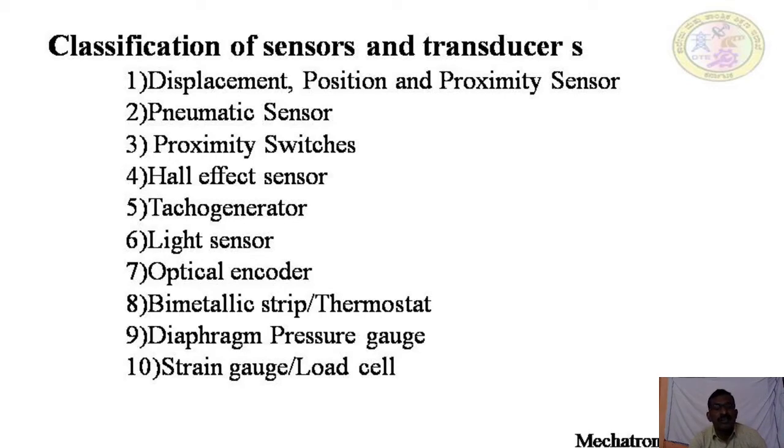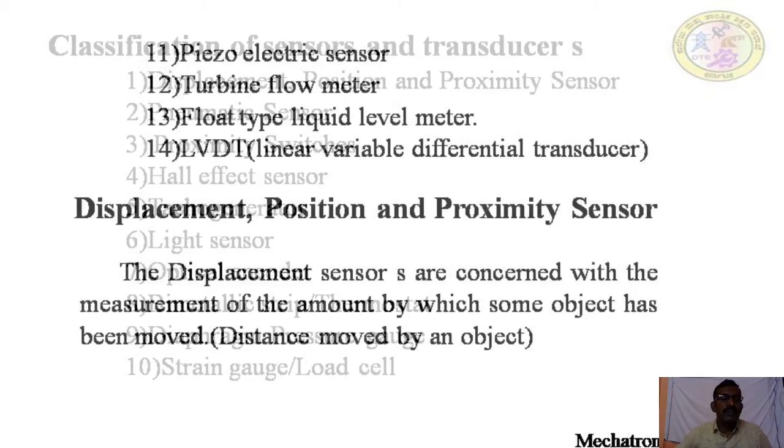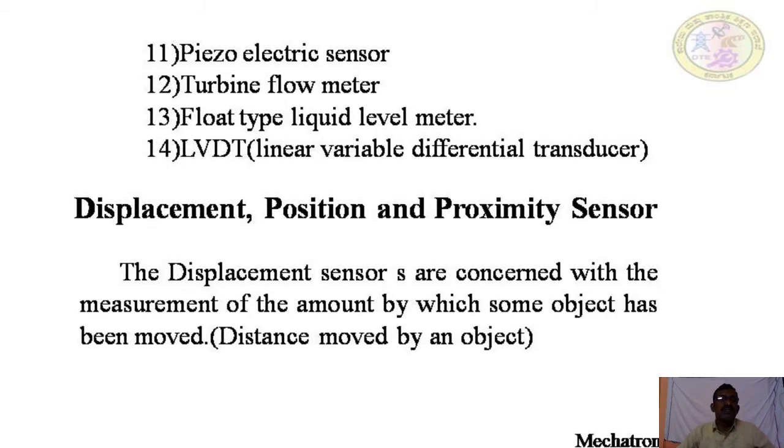tacho generator, light sensor, optical encoder, bimetallic strip or thermostat, diaphragm pressure gauge, strain gauge or load cell, and piezoelectric sensor, turbine flow meter, float type liquid level meter, and linear variable differential transducer.